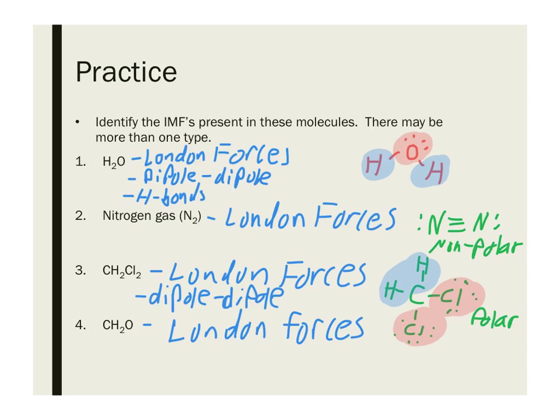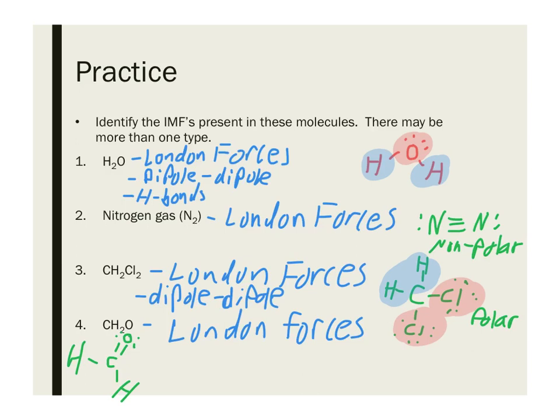The fourth one, we've already seen this compound drawn out earlier in this lecture, but we'll draw it again. We got a carbon double bonded to an oxygen, which had 4 dots. And then that carbon was single bonded to 2 hydrogens.